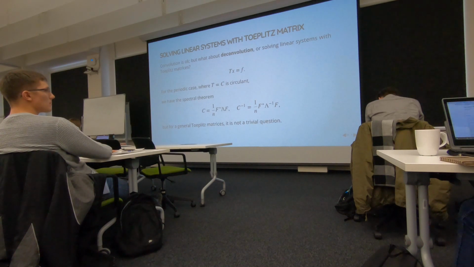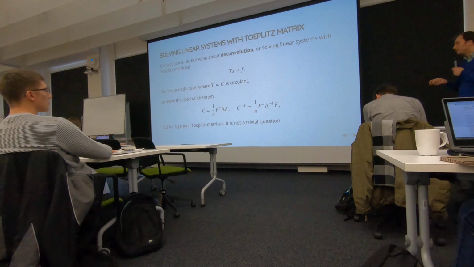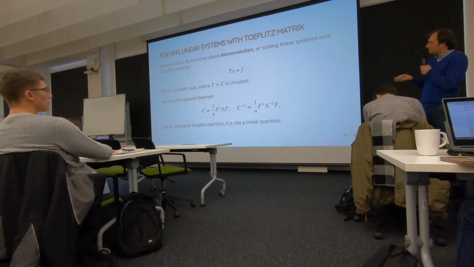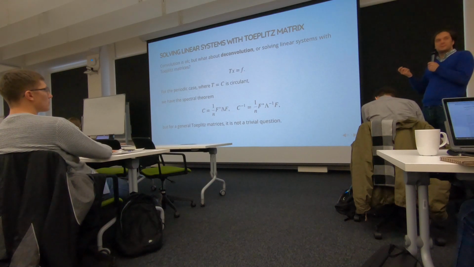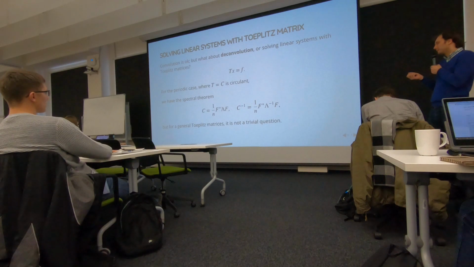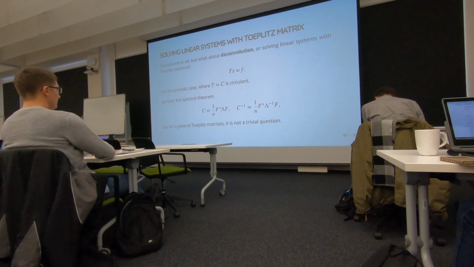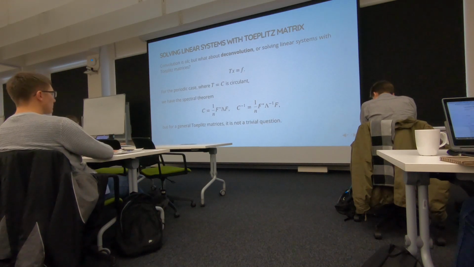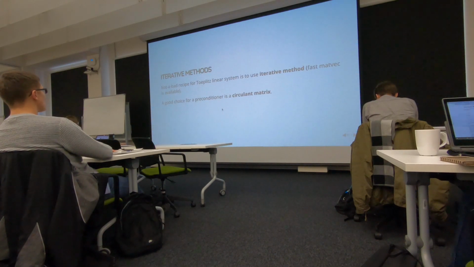Let's start from the one-dimensional case, the good case. Assume that our matrix is circulant. Then there is no problem at all, because circulants all have the same eigenvectors, therefore the inverse of a circulant is also a circulant. That's the formula. If you have a general Toeplitz matrix, its inverse is not a Toeplitz matrix, so you can use iterative methods.